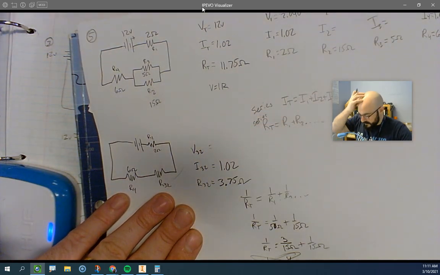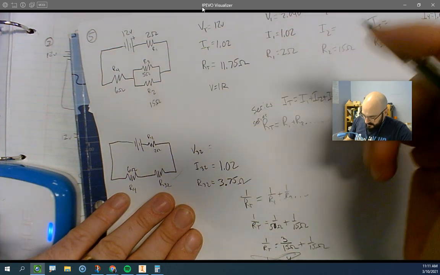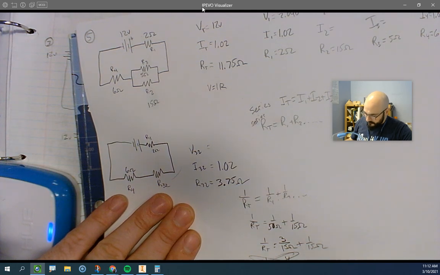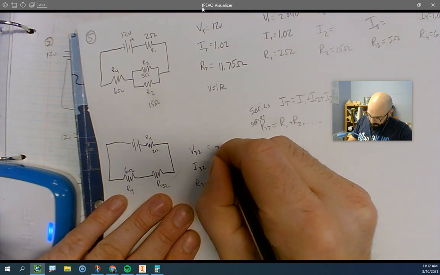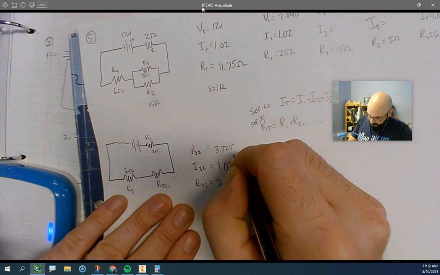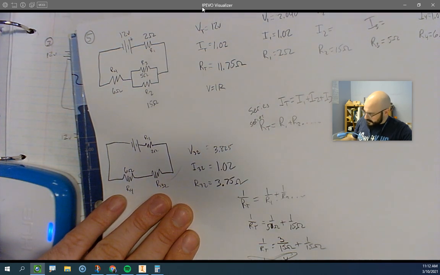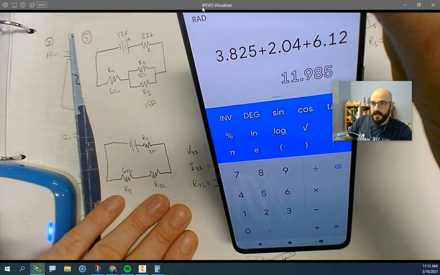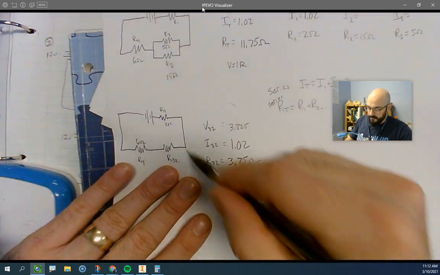V32 is going to be 1.02 times 3.75. It says 3.825. And just to check this, 3.825 plus 2.04 plus 6.12, we end up with 11.985. So here we got our total values.